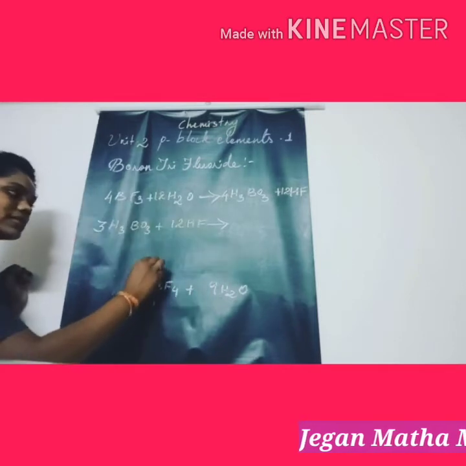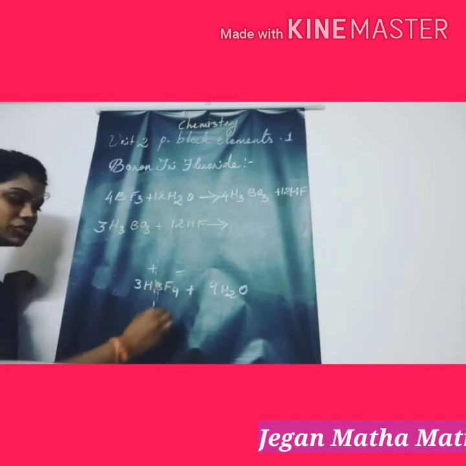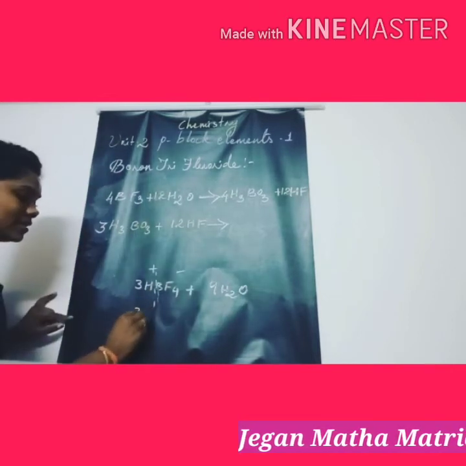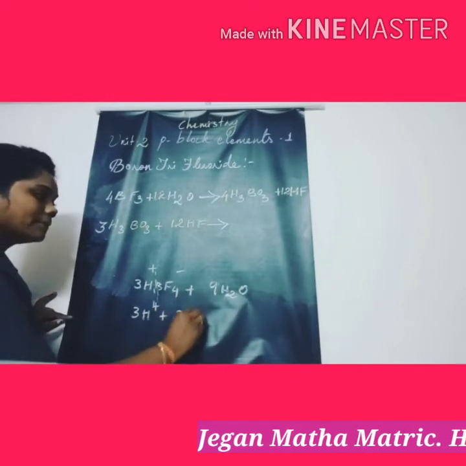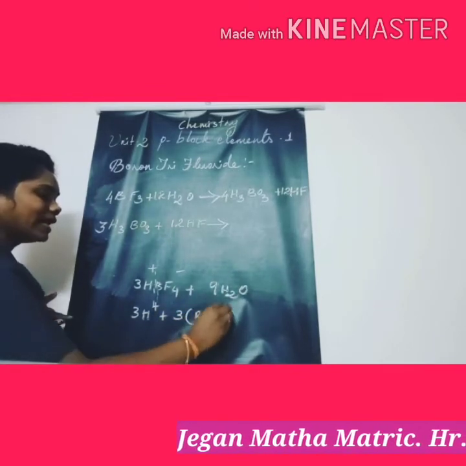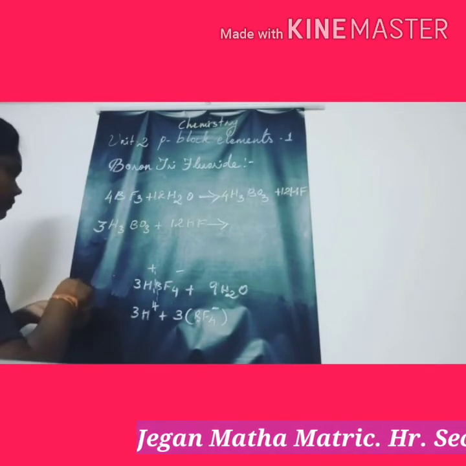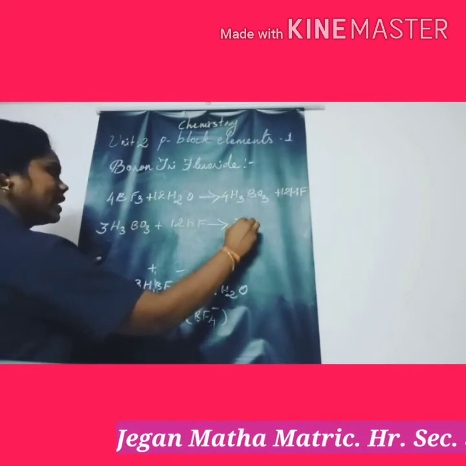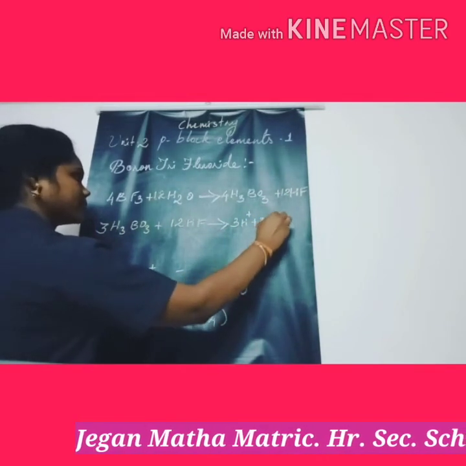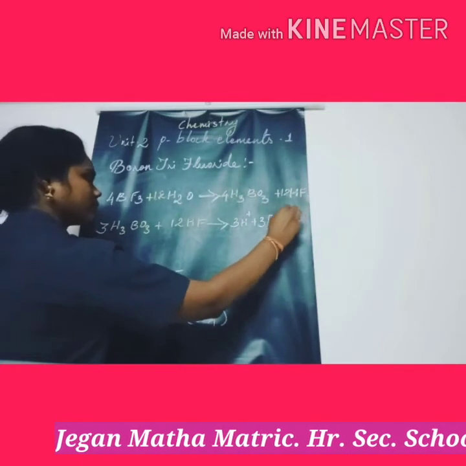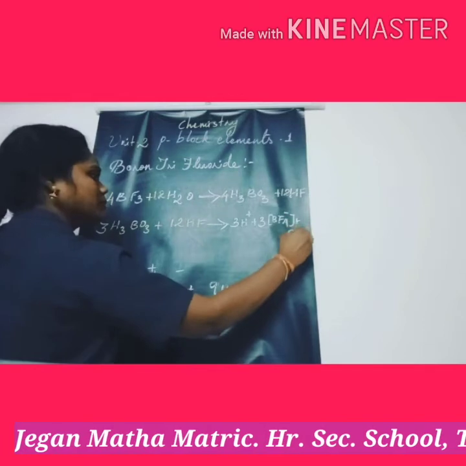The cation part represents the symbol with positive charge. The anion part represents the symbol with negative charge. So I write like this: 3H+ plus 3 times BF4−, plus 9 times H2O.